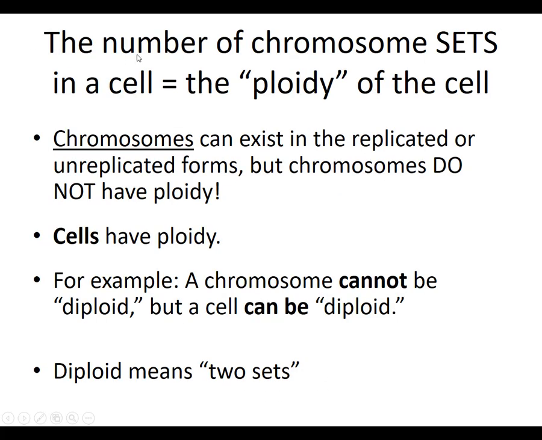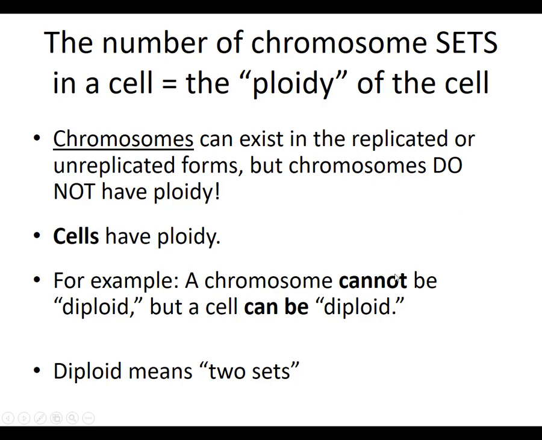So the number of sets in a cell is called the ploidy of the cell. Chromosomes can only be replicated or unreplicated, but cells have ploidy. So that's an important concept. A chromosome cannot be called diploid because a chromosome cannot contain full chromosome sets.